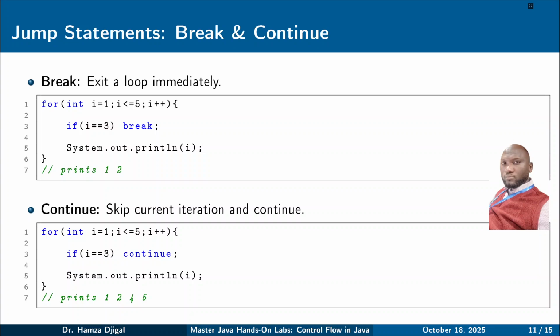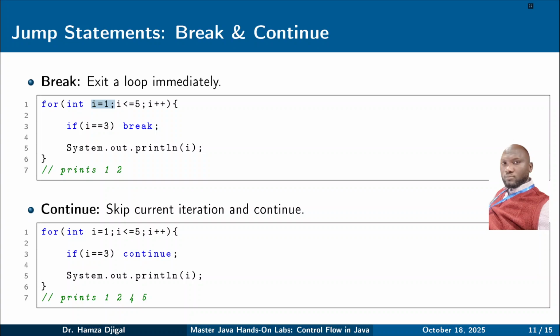So we have the last step, which is related to break and continue. Sometimes we want to exit a loop based on some condition. Here, if we use our for loop, first we check this condition and it is satisfied, because 1 is less than 5.